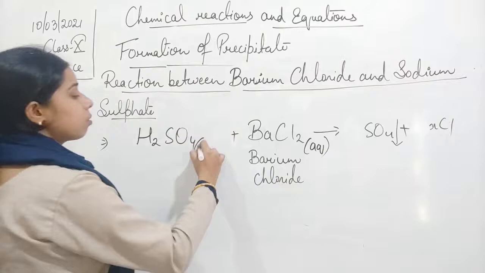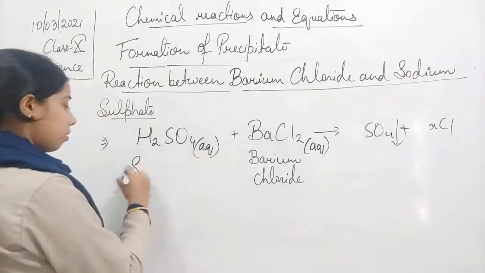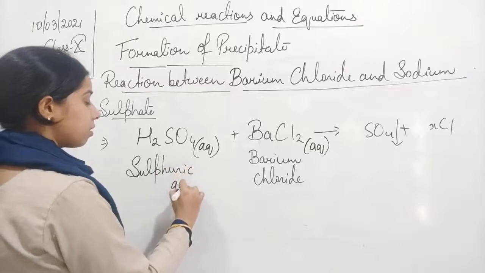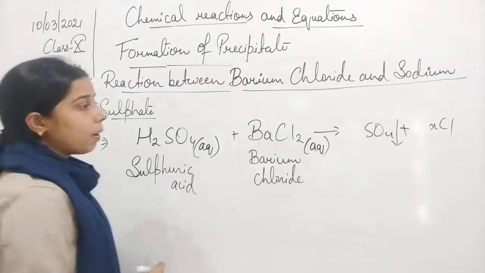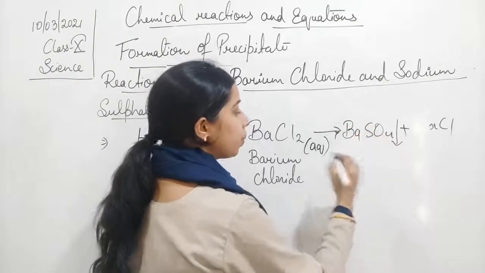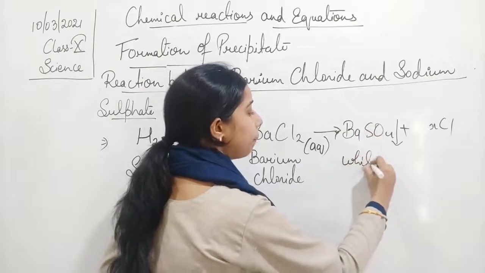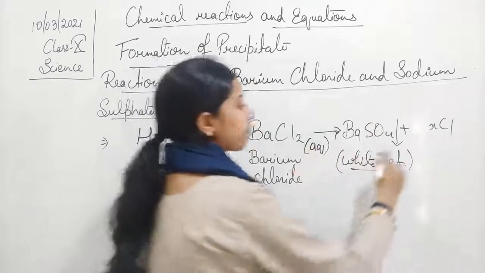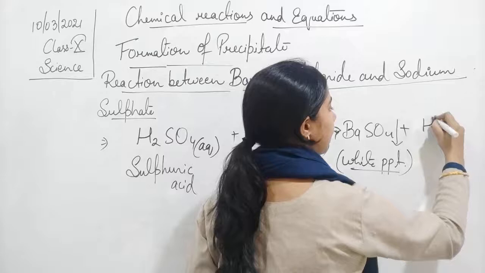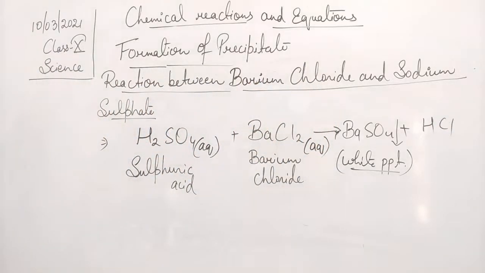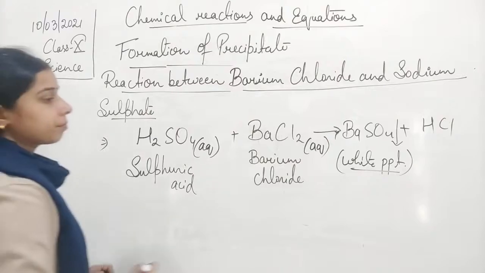Here also it is an aqueous solution. This is the sulfuric acid. Now what happened? Again there is a formation of barium sulfate, student, which is a white precipitate, and HCl, hydrochloric acid, is formed. Okay.